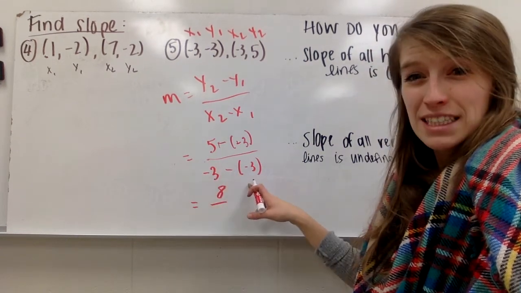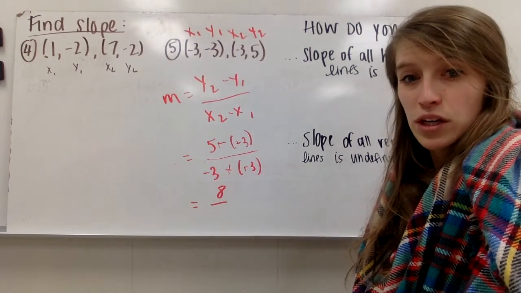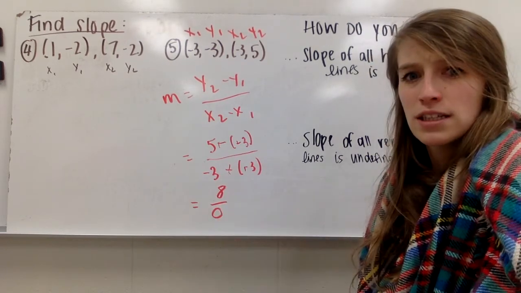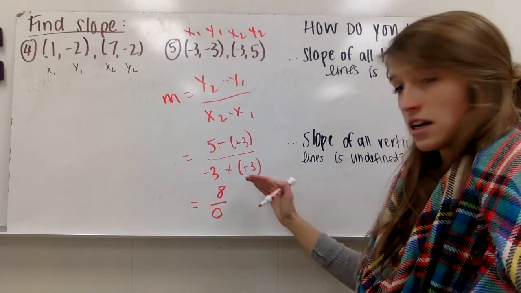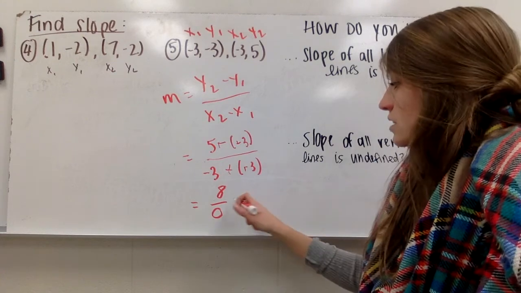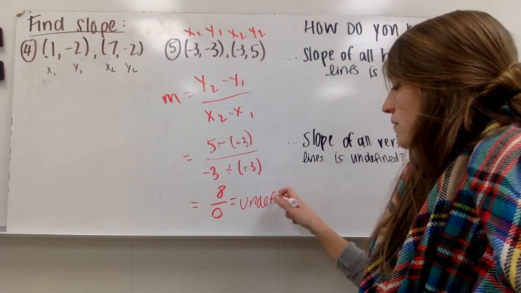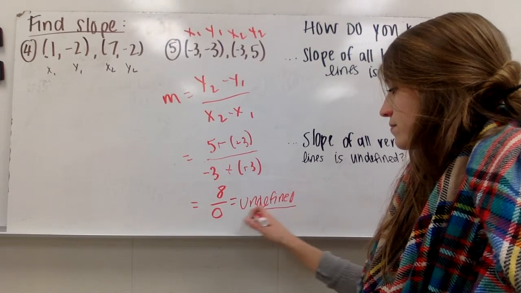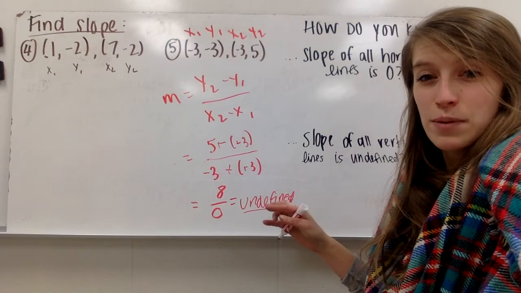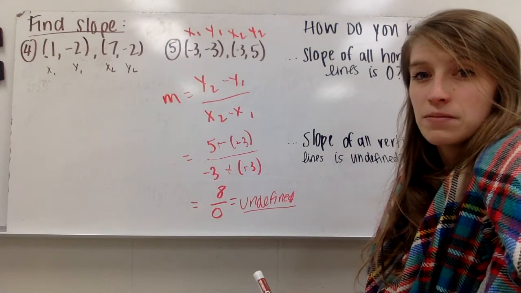Negative 3 minus a negative 3 is the same as negative 3 plus a positive 3. Negative 3 plus 3 is 0. Again, here I get that a number divided by 0 does not exist. So our slope here we then write is undefined. When our slope is a number divided by 0, we cannot divide by 0, so our slope is undefined.